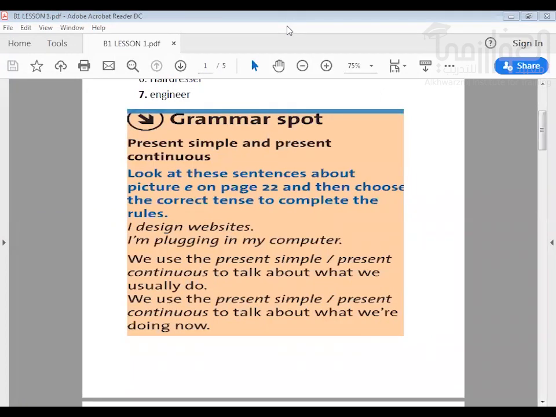Look at the word here. This is what we usually do. So is it present simple or present continuous? As you know, what we usually do is the present simple. So this should be the answer.